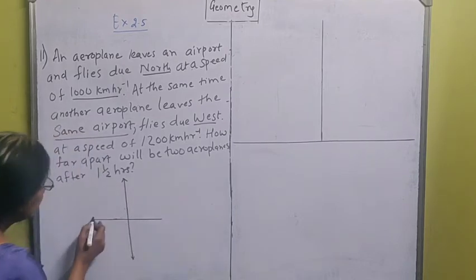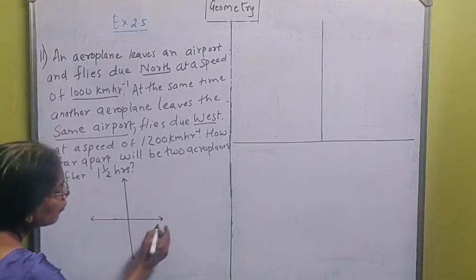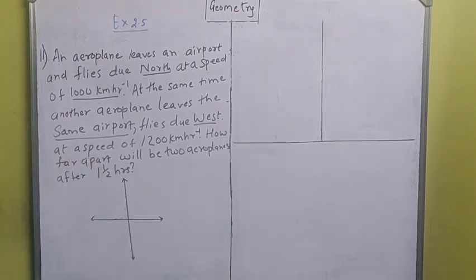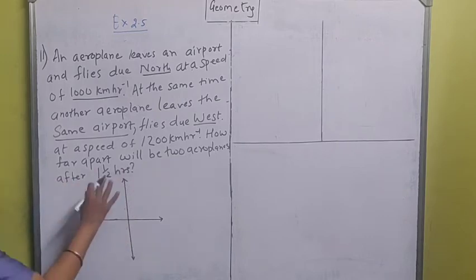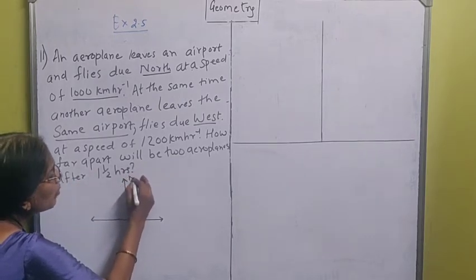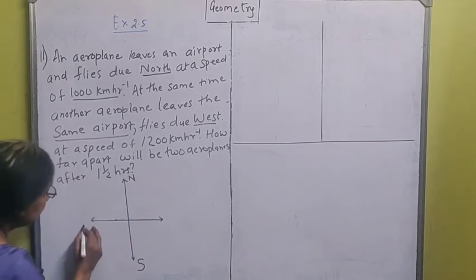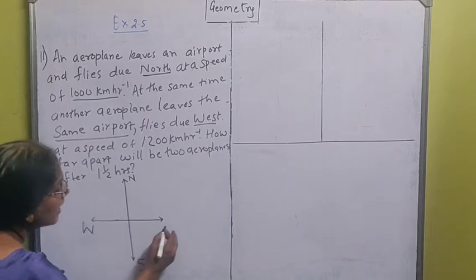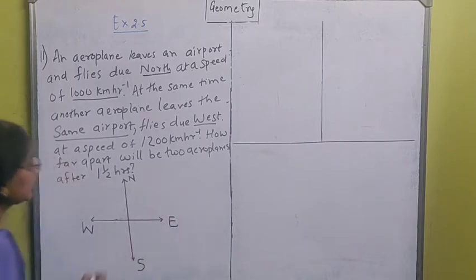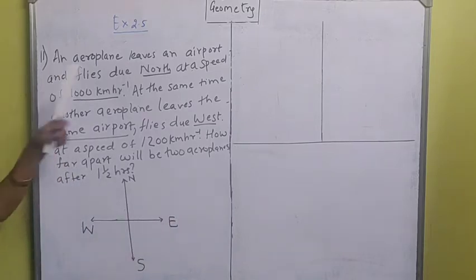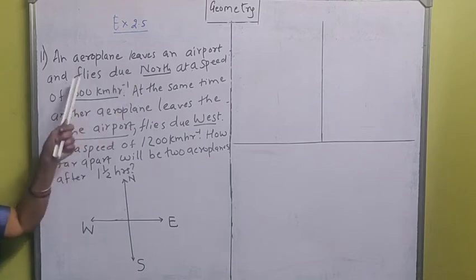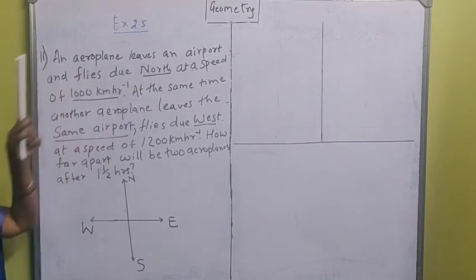So this is a symbol which is generally used in geography to show the direction. This is called the north direction, this is the south direction, this is the west direction, and this is the east direction. First aeroplane is flying in which direction? North direction.